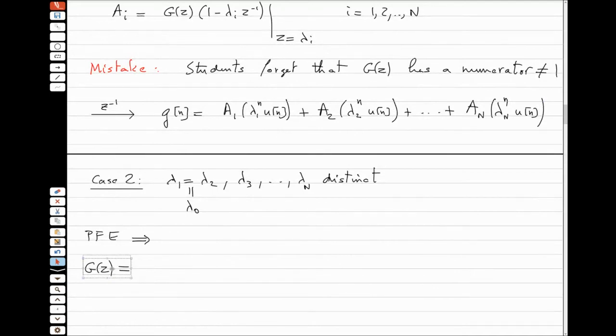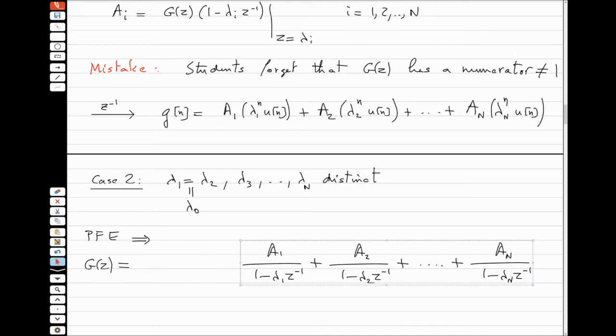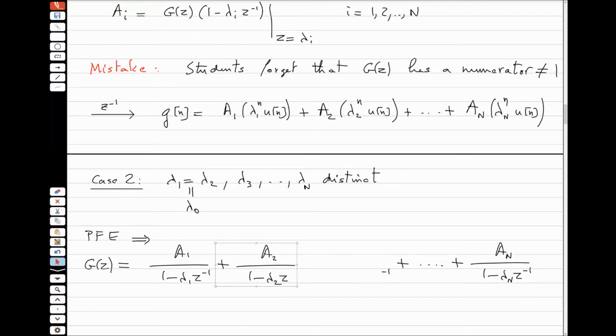So what you're going to have is something like that, up to some modification.